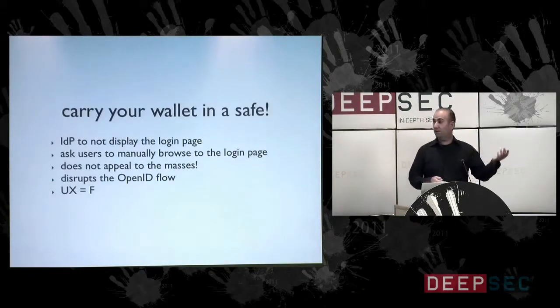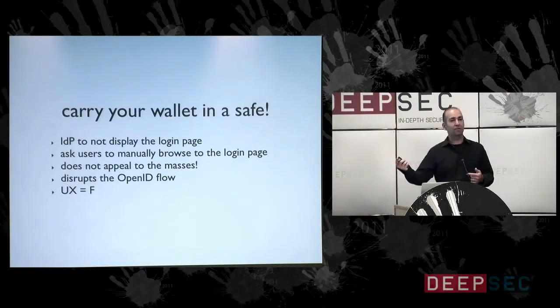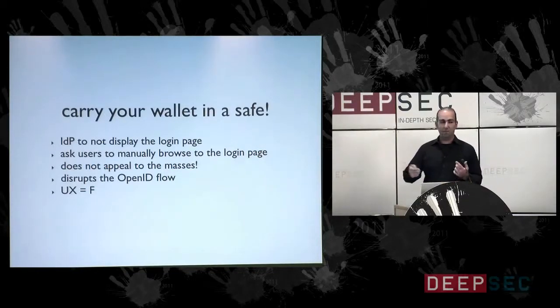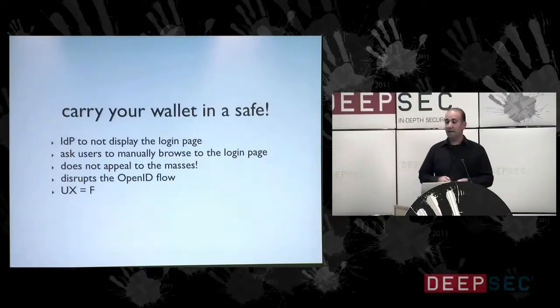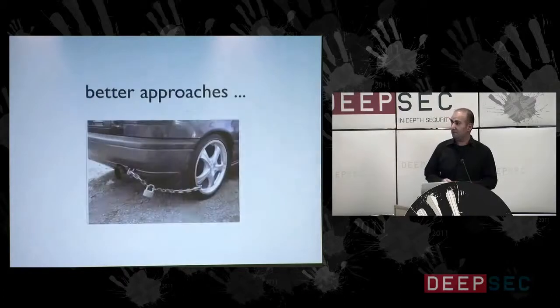Or you can take it one step farther, and actually every time you get redirected to the IDP, it just tells you to go manually enter your authorization endpoint yourself. So these will address some of the phishing issues, but the user experience is pretty flawed. And that undermines the whole notion of OpenID, because OpenID is around flexibility and user experience.